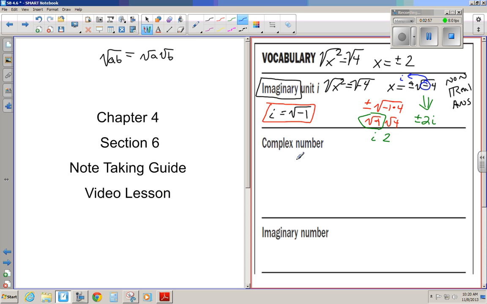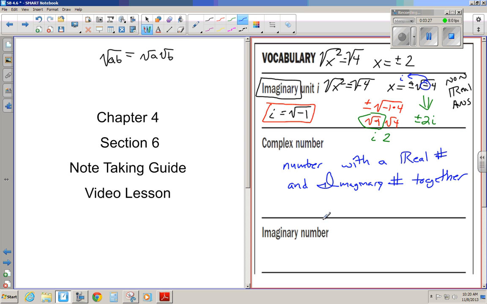A complex number is a number with a real number and imaginary number together.